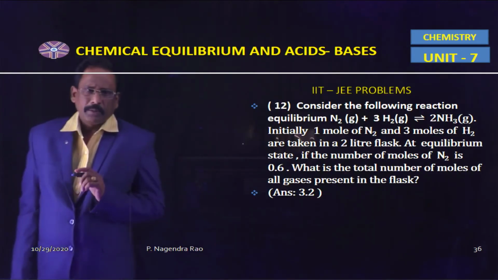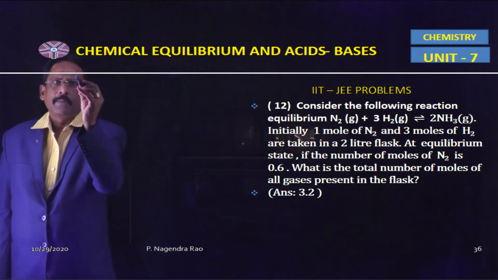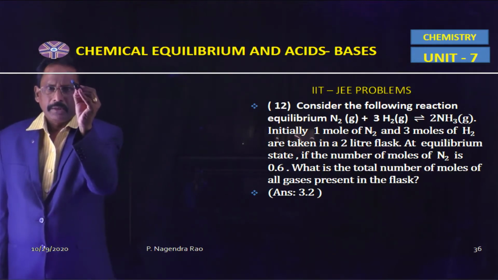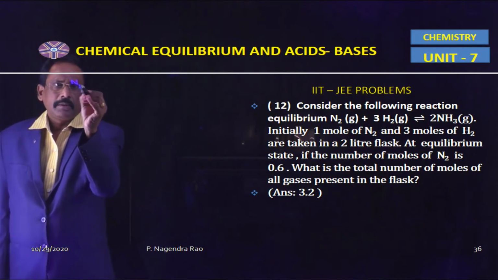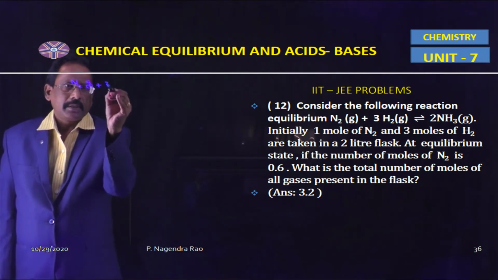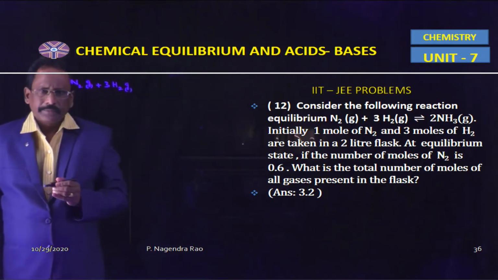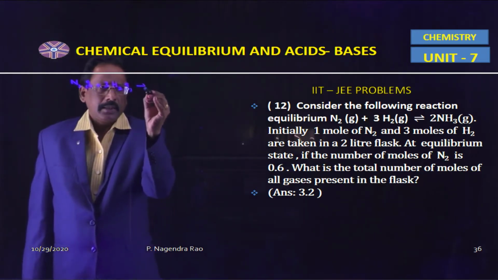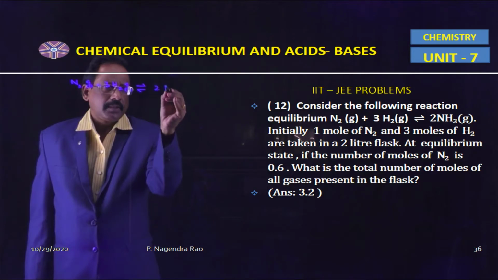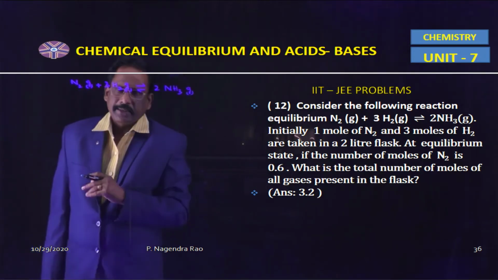Now in this problem, in the formation of ammonia, when nitrogen gas combines with 3 moles of hydrogen gas, it is in dynamic equilibrium with 2 moles of ammonia gas.